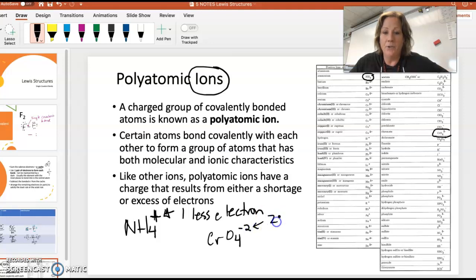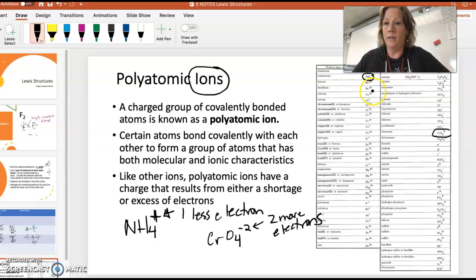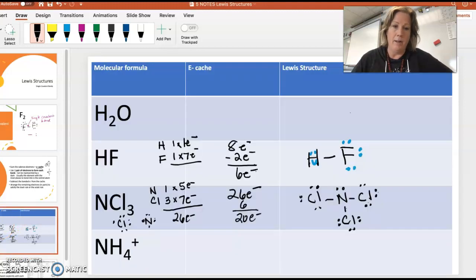That means you're going to have 2 more electrons added. So if it's positive, and that's the only positive one we're going to deal with, you would have 1 less electron. But if it's -2, you'd have 2 more electrons. If you have -1, that means you have 1 more electron. If you have a negative, let's say phosphate has a -3, that means you have 3 additional electrons. So this will make more sense once I do the problem with you.